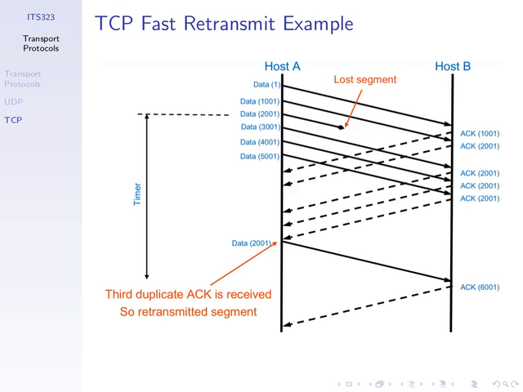So in fact, both of the schemes are used today. If a timeout expires, retransmit, or if you receive 3 duplicate ACKs, retransmit, whichever one happens first. It depends upon the network and the performance of the network as to which one will happen first.